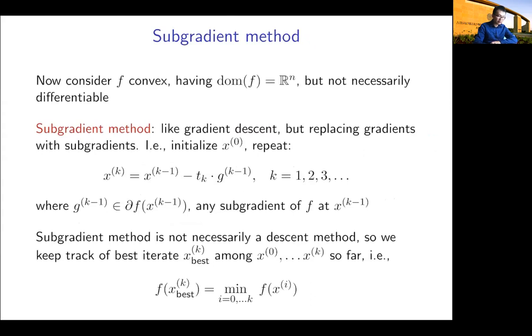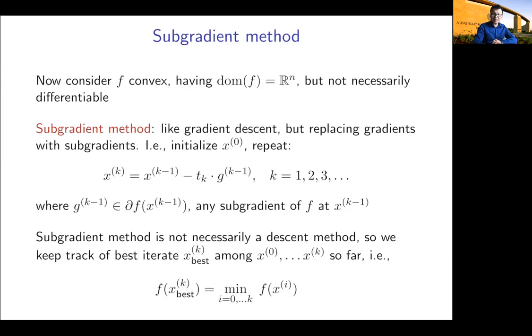Instead of considering f being convex and smooth, let's consider a family of functions that are only convex. Notice that this is something that's significantly more general, that can even cover things like indicators, and it can be used to take care of piecewise linear and piecewise quadratic functions and so on and so forth. So the subgradient method is very easy to state.